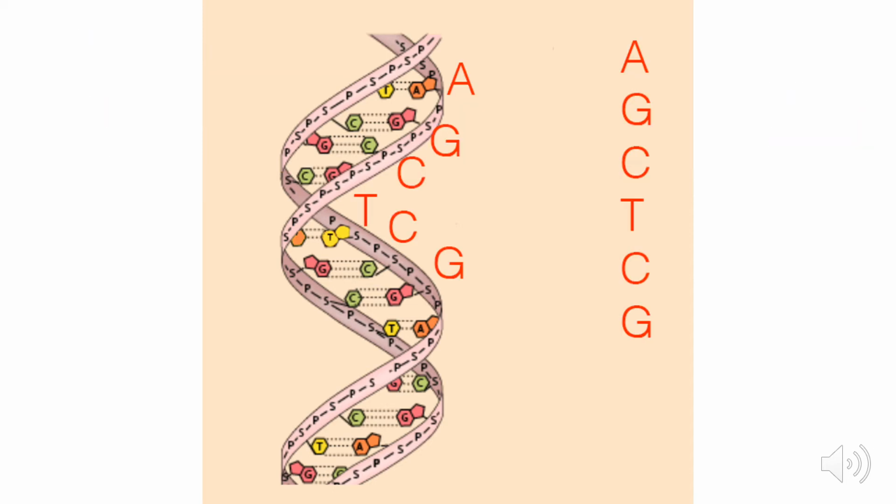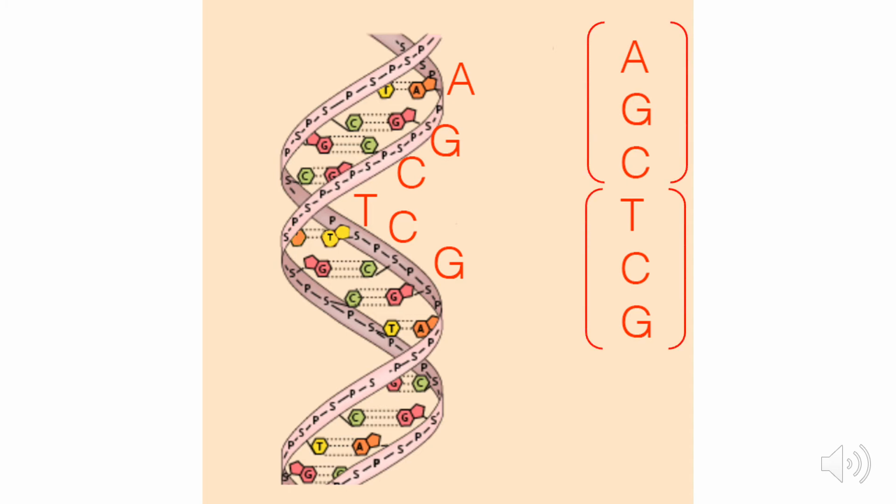Let us look at the sequence of bases along one strand of the DNA molecule. A, G, C, T, C, G. We can see that they can be written as a string of letters. This is called the genetic code.